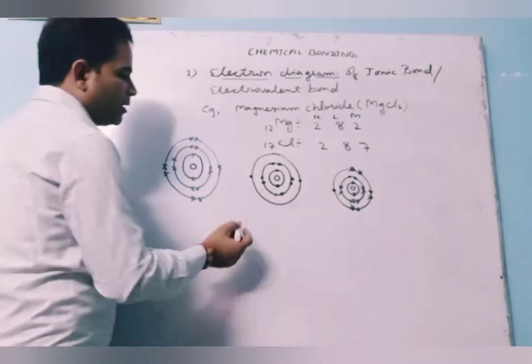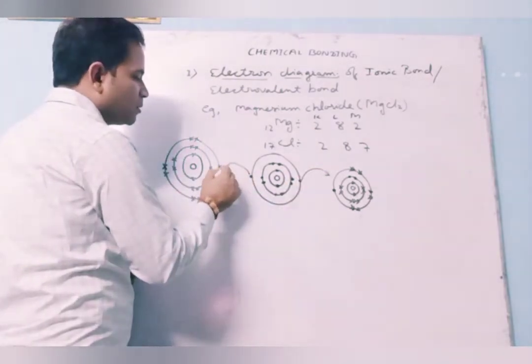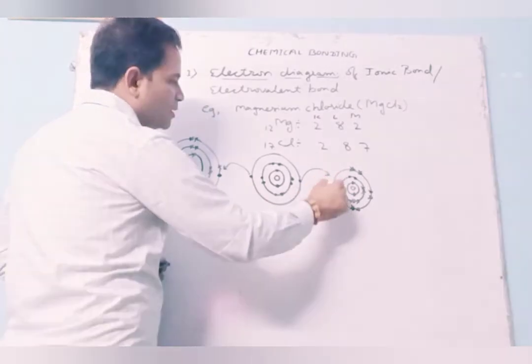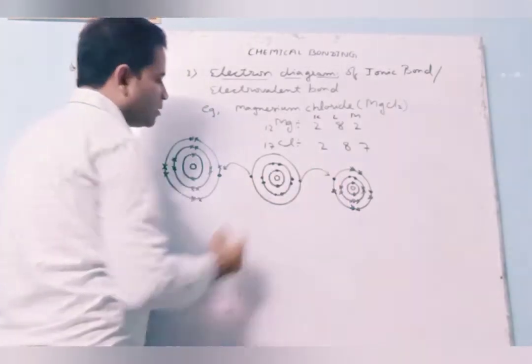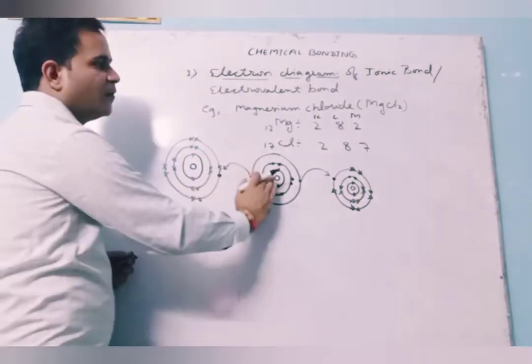See here, magnesium loses its 1 electron, so that it becomes stable, to fulfill the inert gas electron configuration.